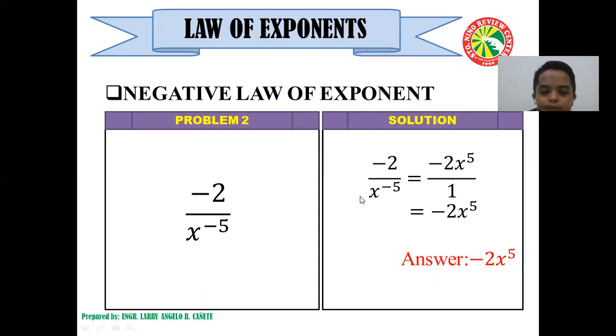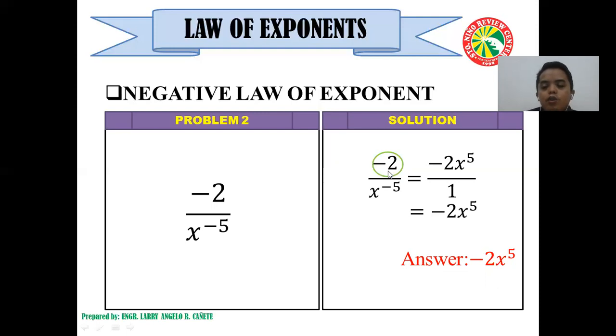We have here negative 2 and x to the negative 5. So take note that this negative 2 is not an exponent, but rather this is a constant. So you do not write negative 2 in the denominator, since negative 2 is not an exponent.